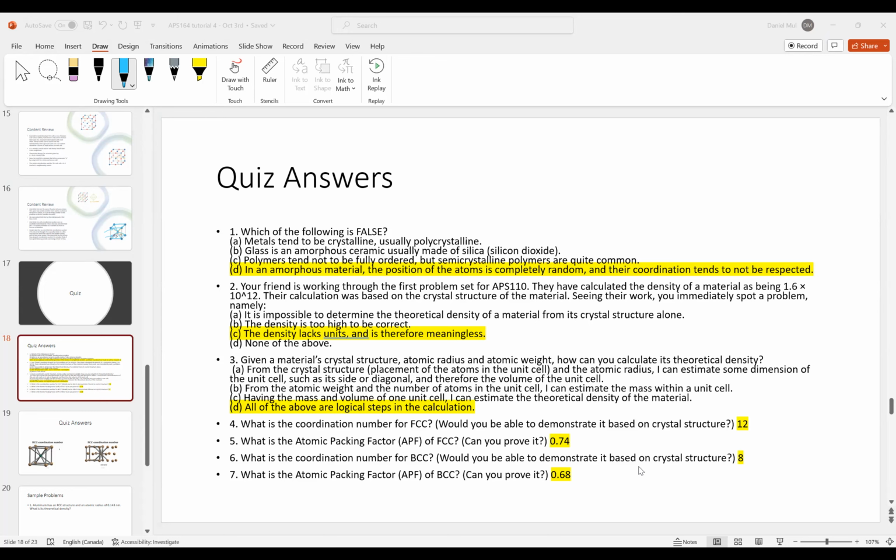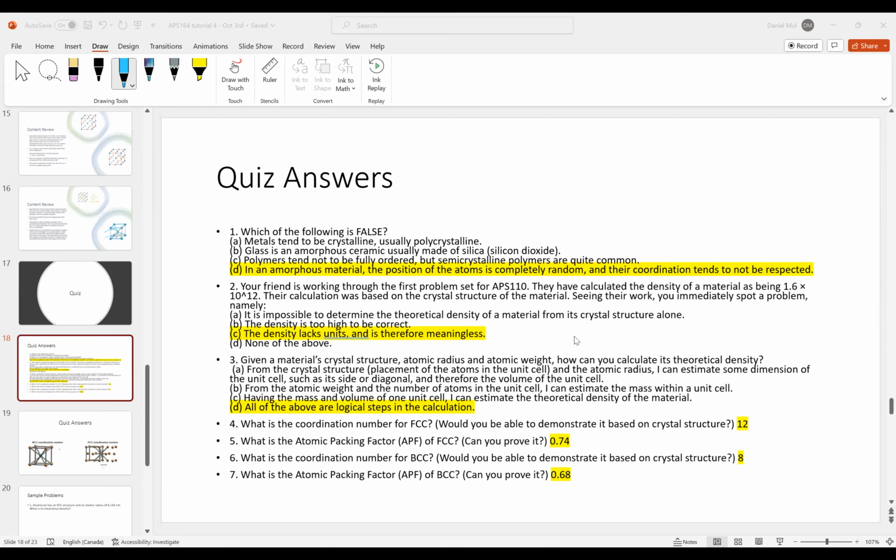For number one, for D, is it the word completely that makes it wrong? Yeah, because it's usually a bunch of ordered crystal structures mixed in with each other, right?